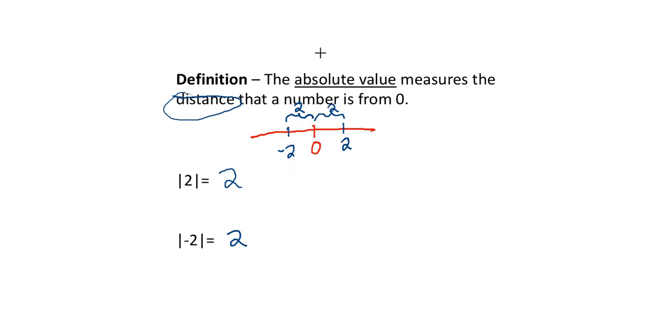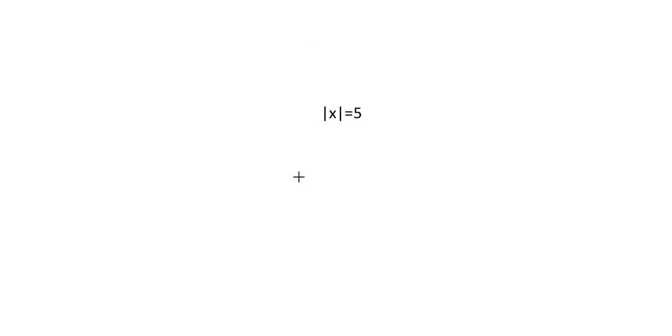All right, so imagine if we have an equation like this. The absolute value of x equals 5. What you're being asked for here are numbers whose distance from 0, right? So x is looking for a number. The absolute value is looking for distance from 0 equal to 5. Right? So again, looking at the real number line, here's 0.